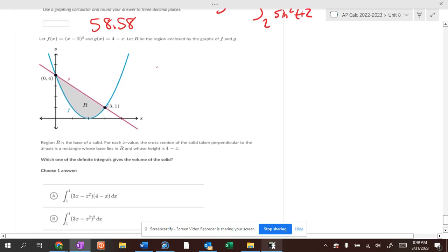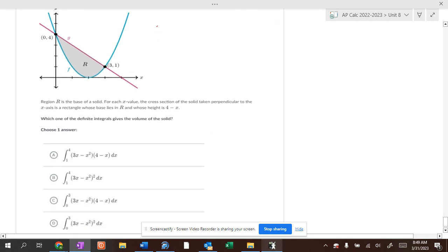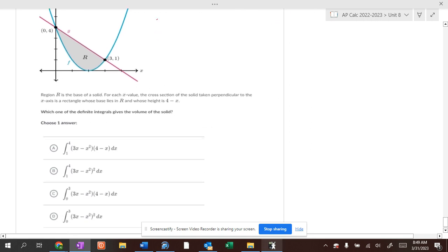And lastly, we have a region as the base of a solid with cross sections perpendicular rectangles. So if they're rectangles, this is the height. And then you have to take top minus bottom.